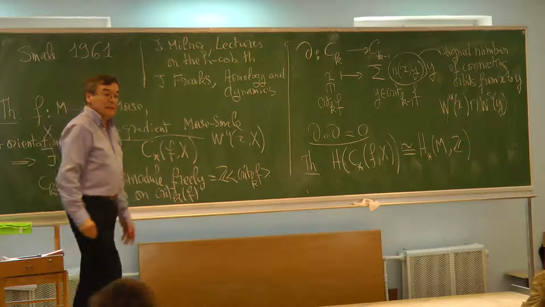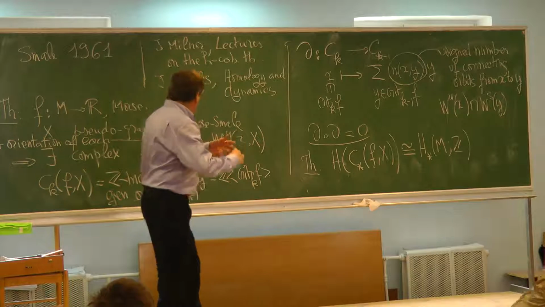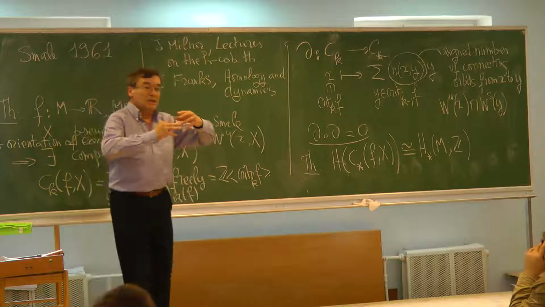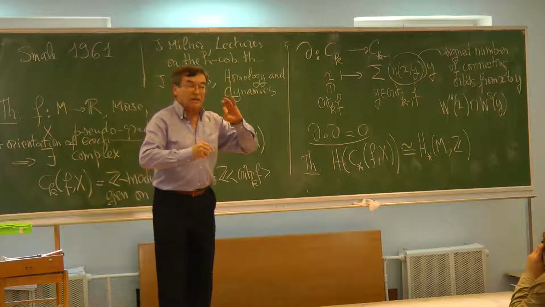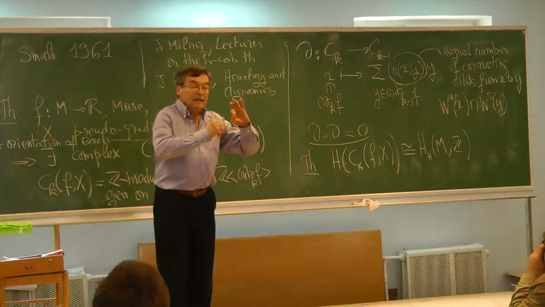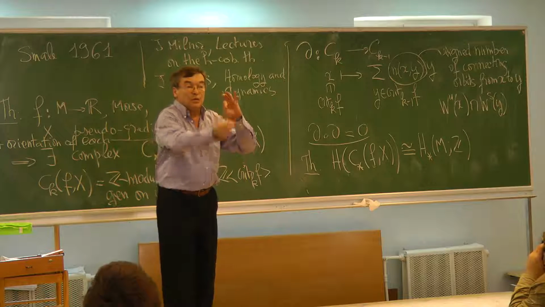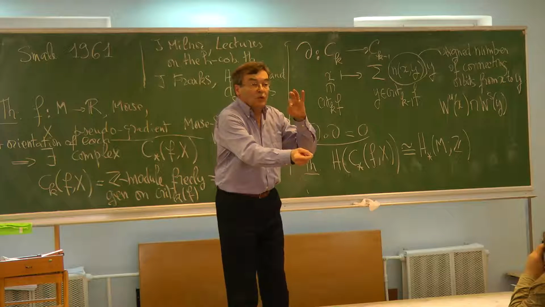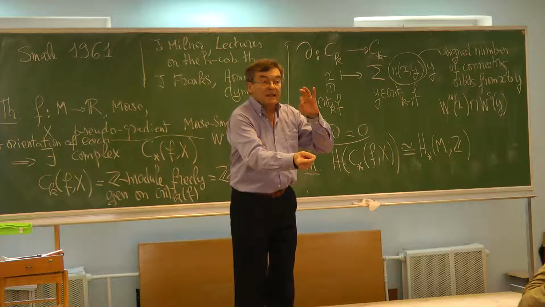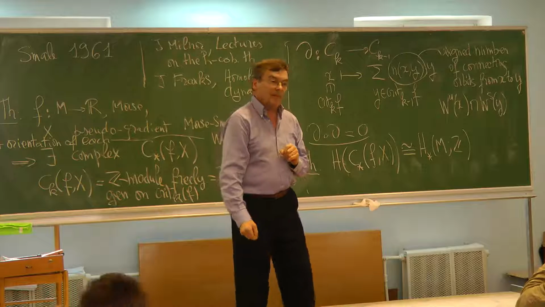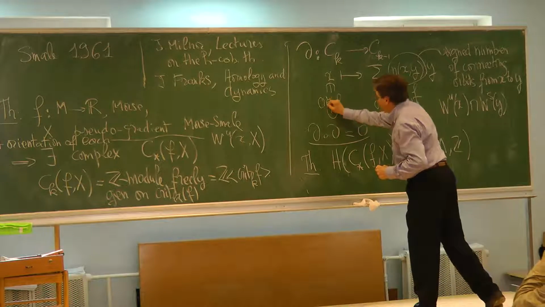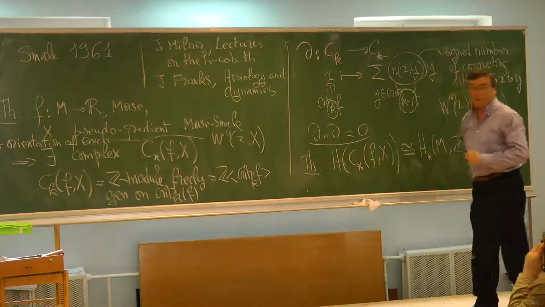And for a Morse-Smale pair, due to the transversality condition, if you start from a point of index k, it is impossible to go by descending flow to a point of greater index. So there is no choice. You start from a point of index k, and you end at a point of index k minus 1.